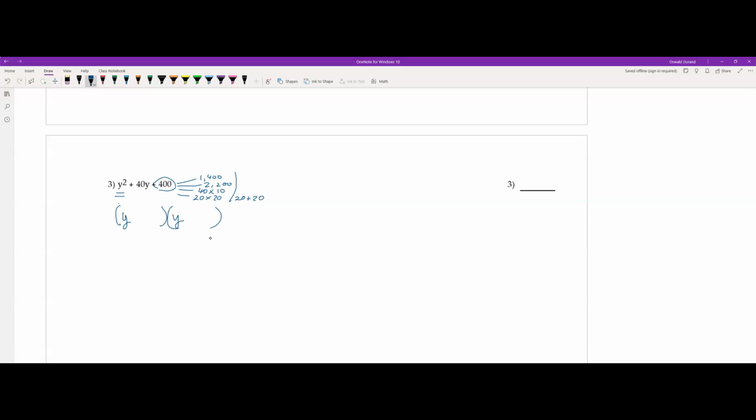So 20 is my option here. 20 times 20 is 400, and 20 plus 20 gives me 40y. So it matches. So I put it here, y plus 20, y plus 20. That's it. And the more you do those types of problems, you probably won't have to list all the products. It will just come naturally.